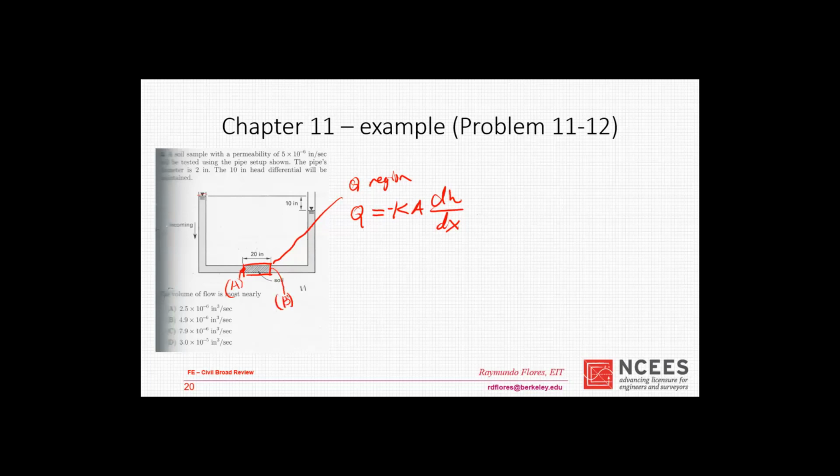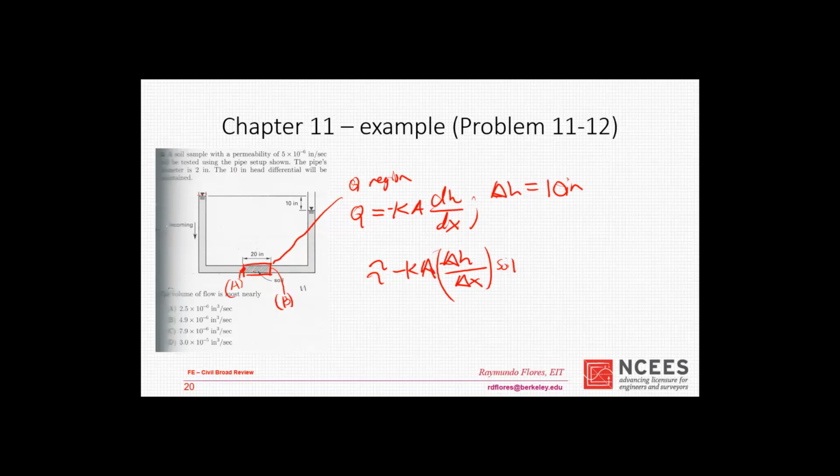So we could say this is approximately minus K A times delta H over delta X, over the soil piece. Delta H, which is the head, is the difference between here and here. Because they said the 10 inches will be maintained, then it's just 10 inches, we don't have to do any work for it.